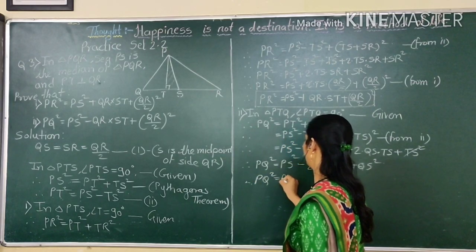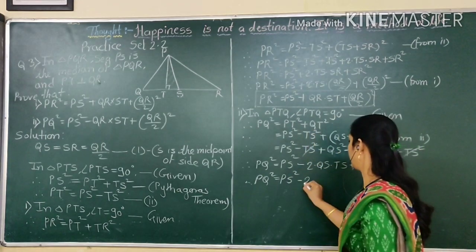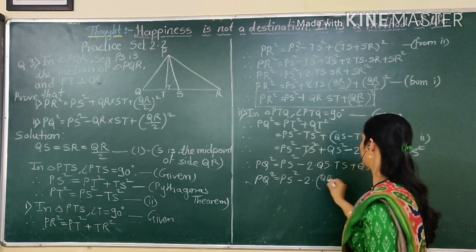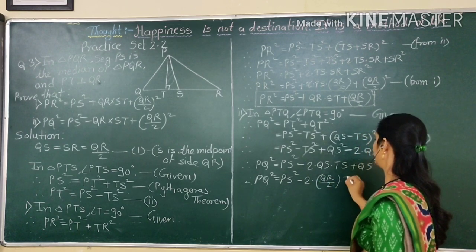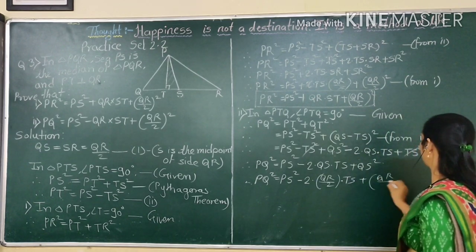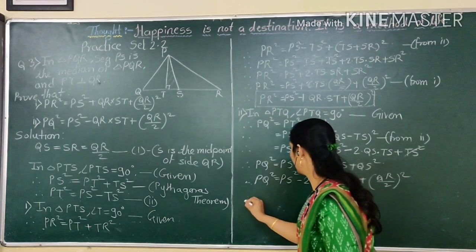PQ square is PS square minus 2 into QS is QR by 2 into TS plus QR by 2 square. Okay.